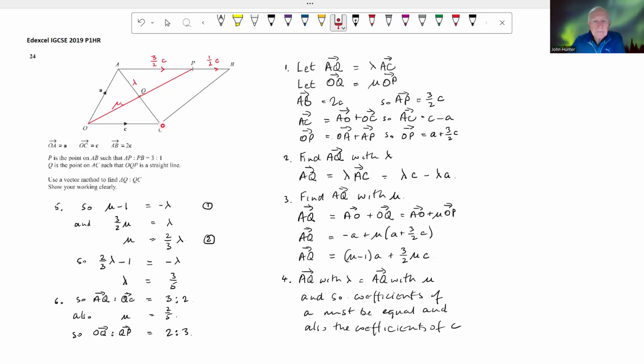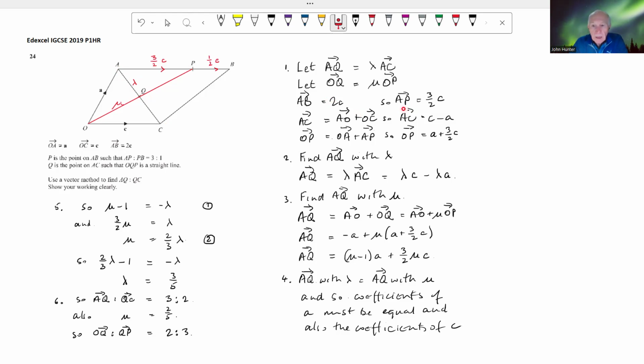So that's the challenge with this. I have defined the ratio of AQ to AC as lambda and OQ to OP as mu. It's really lambda that we want, because once we've got lambda, it's a direct step to the ratio between AQ and QC.